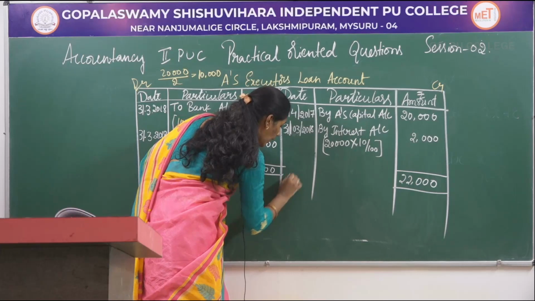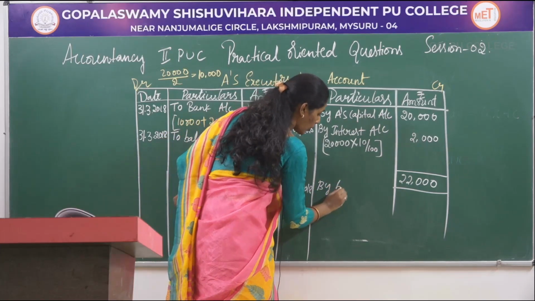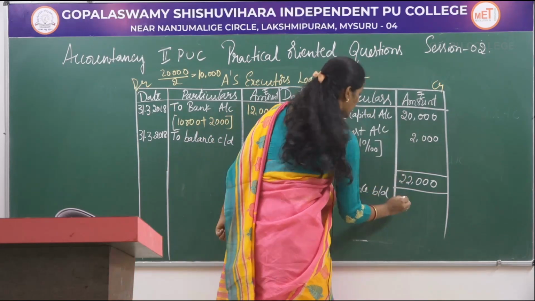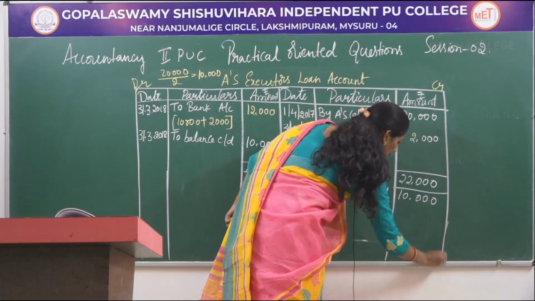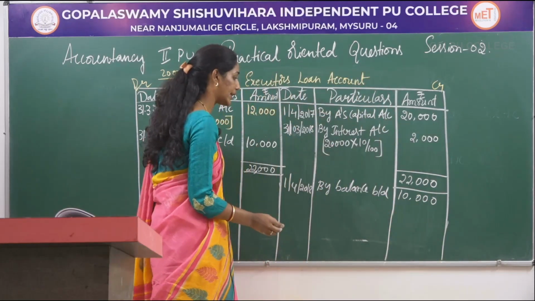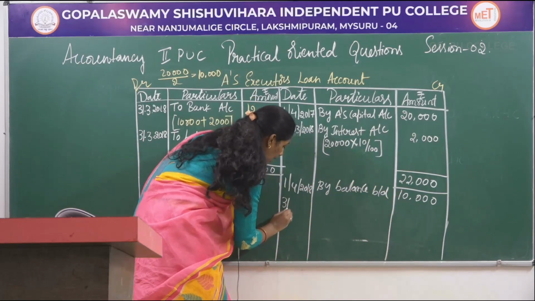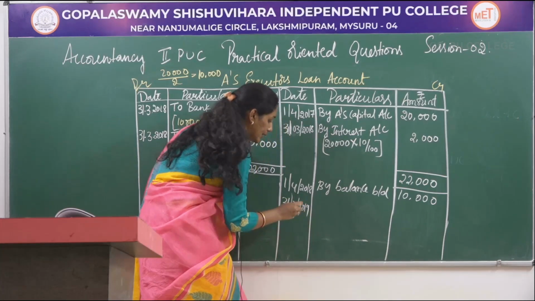as on 1/4/2018 by balance brought down 10,000. As usual, in the second year also you have to calculate interest on the balancing figure, and it is paid on 31st/3/2019.